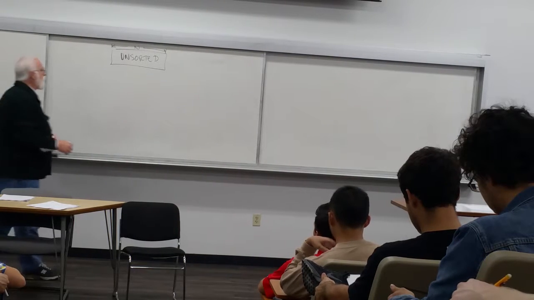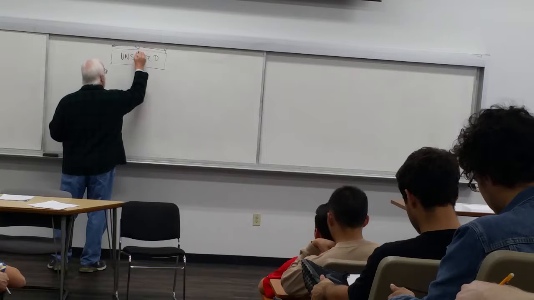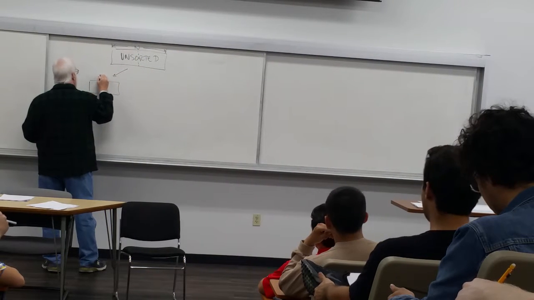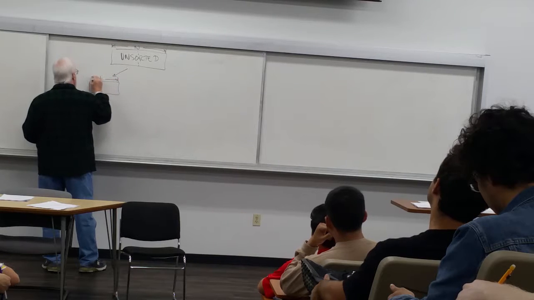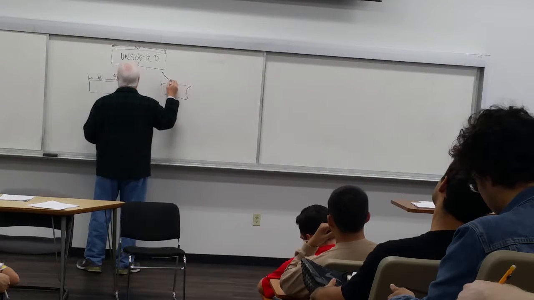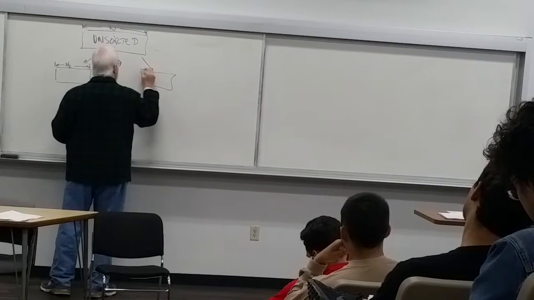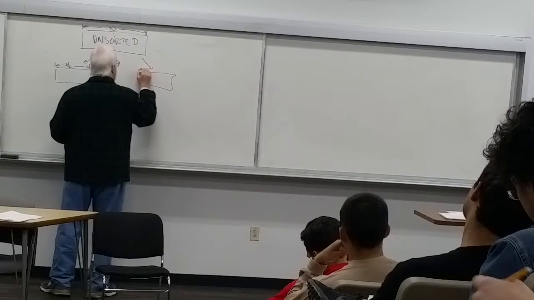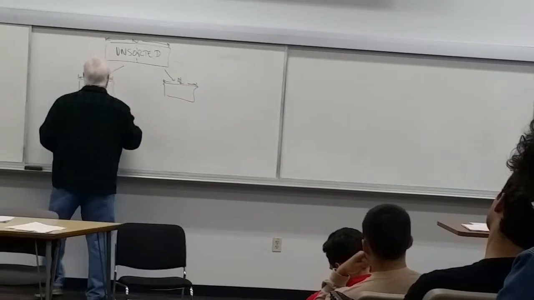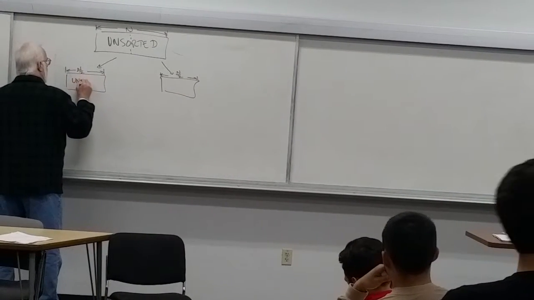And the way merge sort works is that this is partitioned into two pieces of size n over 2, which are unsorted.